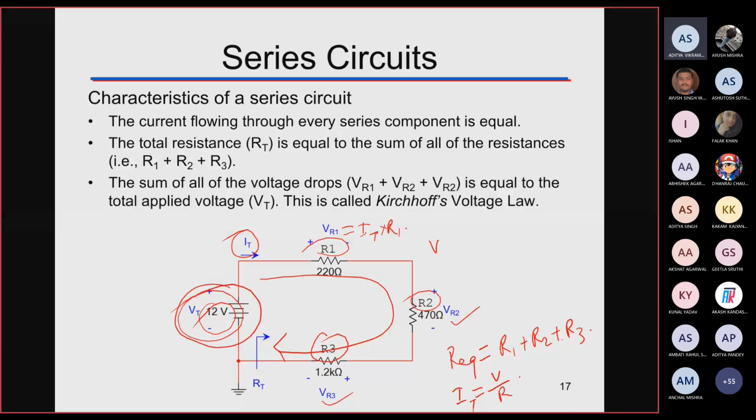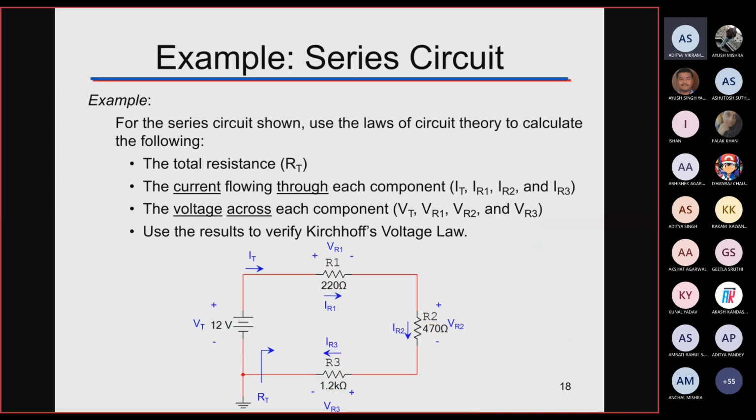This is how we can say it, or in another form we can say that whatever may be the voltage drop in the different components of any electrical circuit, the summation of that voltage drop should be equivalent to the applied voltage in that electrical circuit. So this is known as your KVL, right? The algebraic sum of voltage drops in any electrical circuit should be equal to 0. That is known as KVL.